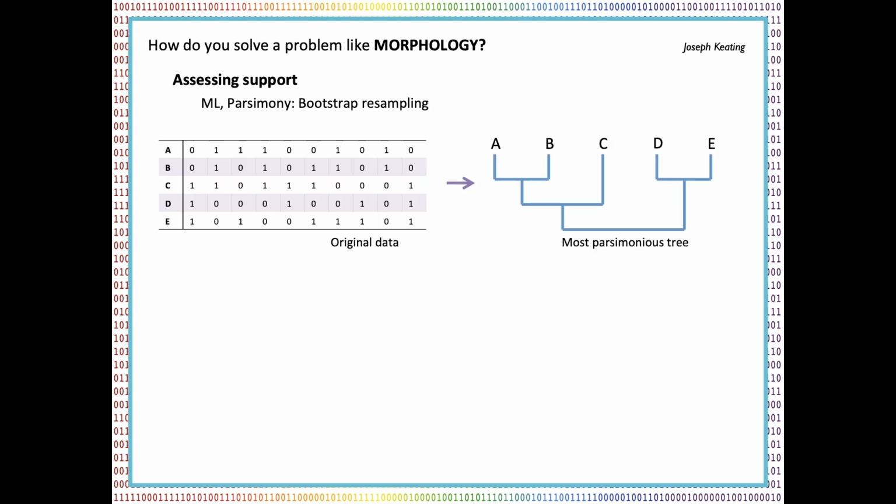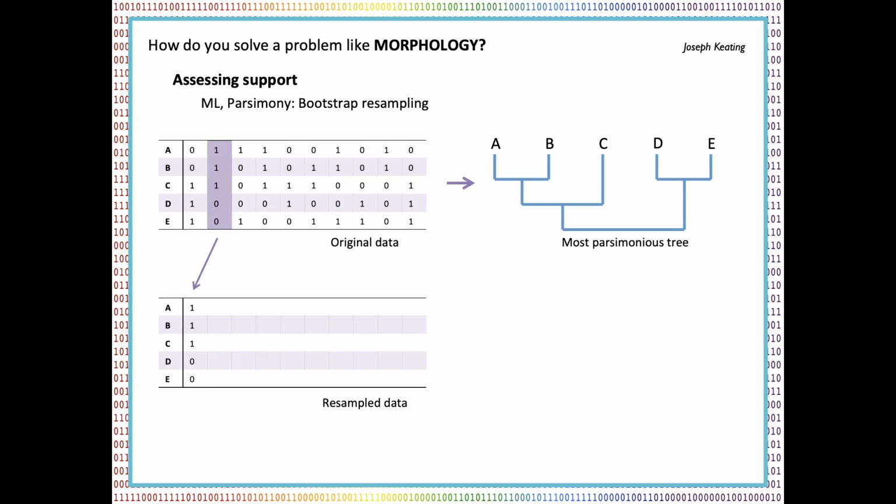Assessing support for parsimony or maximum likelihood trees is less straightforward. We can use data resampling methods, such as bootstrap resampling, to gauge support. Under bootstrap resampling, we create a replica of the original data matrix by randomly resampling the characters.